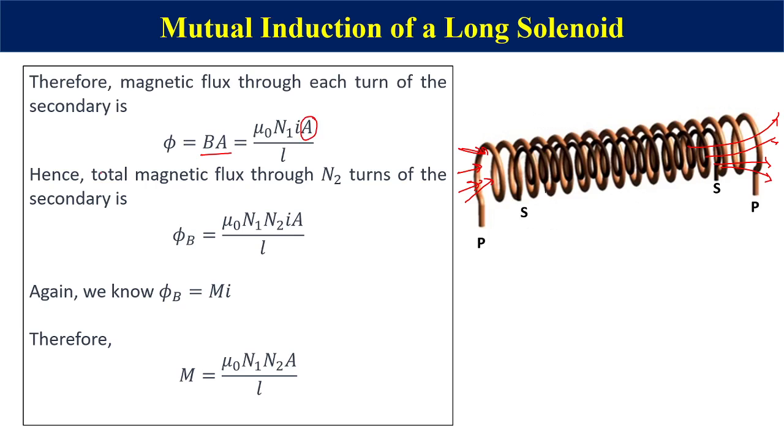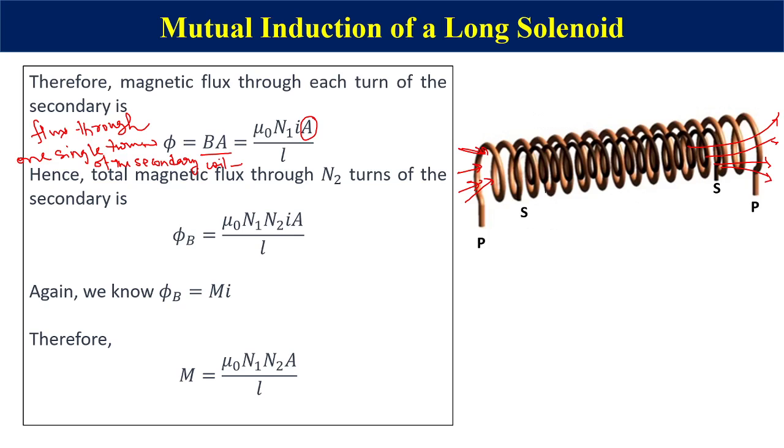Now this is the flux through one single turn of the secondary coil.